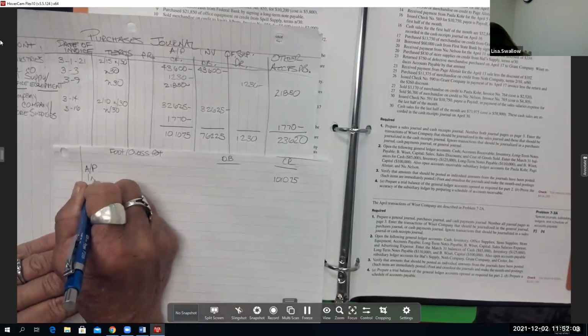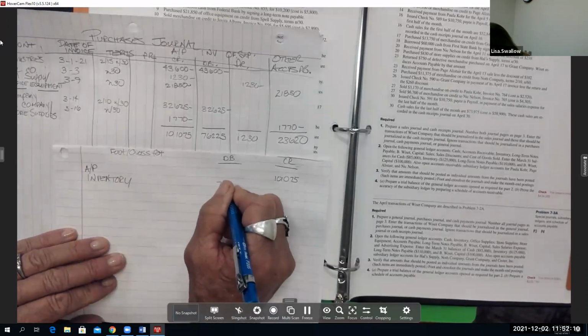With the other accounts column, you can't just put something called other accounts. You've got to list the individual accounts you're going to go hit, right? And this ensures that you did all of your tally correctly.